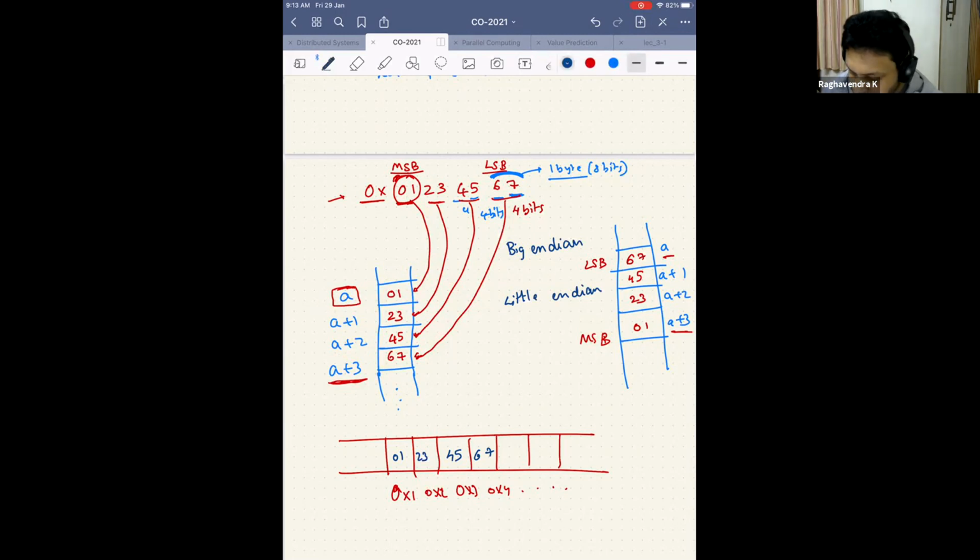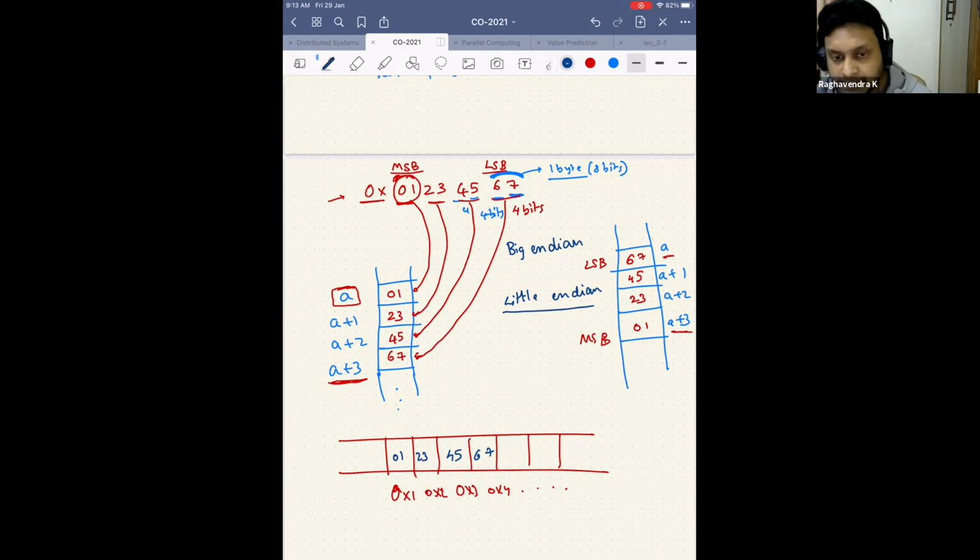Big Endian was used in Motorola and PDP and other places. Little Endian is used in the x86 architecture. So if you are using an Intel-based processor in your mobile or laptop, it follows the Little Endian architecture.